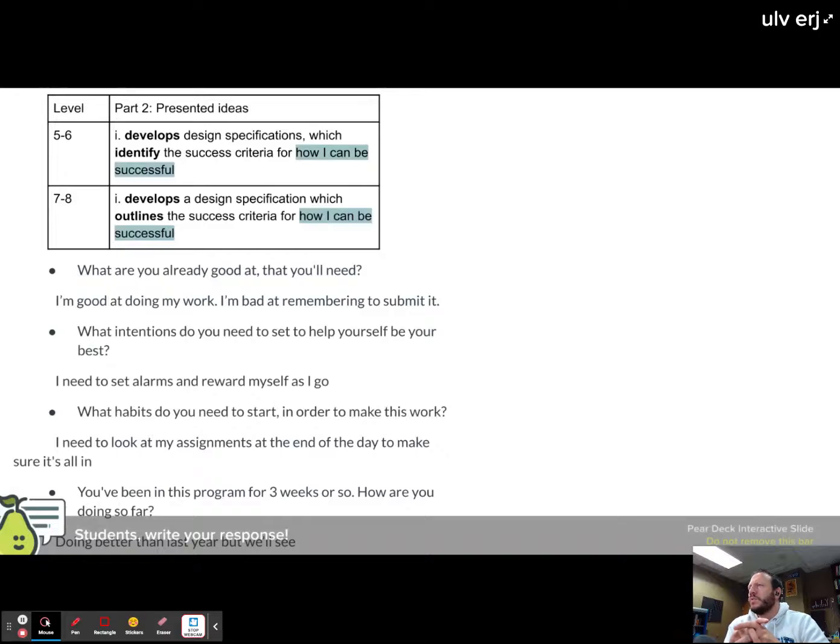So again, we're looking at developing specifics and identifying criterion of success. So in that sense, give me details, give me examples, connect it to yourself. Be specific, be more concrete. You can start off kind of in the clouds, but we want to narrow it down to why this is your answer.